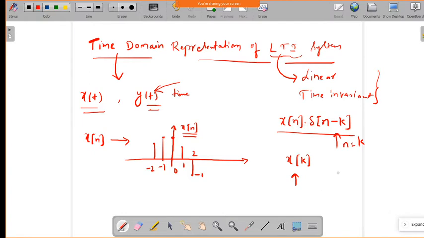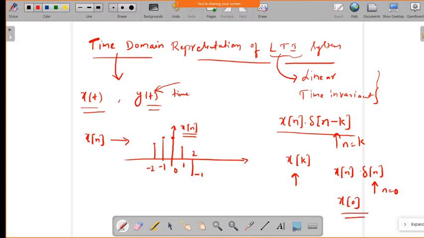If I take x of n into del of n, when n equals 0, then you will get the response. Whatever input signal you take, at the impulse index n equal to 0, you will get the corresponding signal at 0.